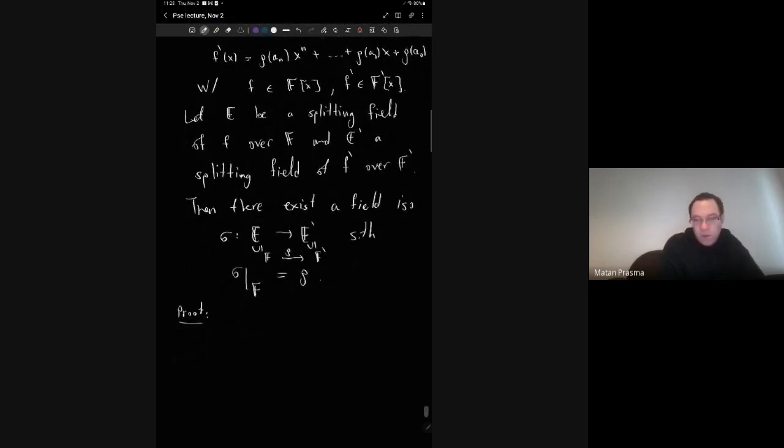So the way to go about it is by induction on the degree of f, which is n.